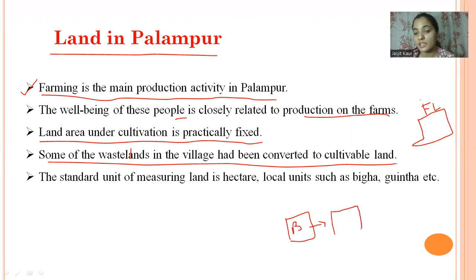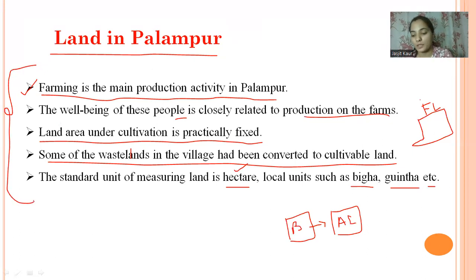Just like this, in village Palampur also, the wasteland has been converted into agriculture land. And the standard unit of measuring land is hectare, and the local units of measuring land are bigha, guntha, etc. So you have to remember that the standard unit of measuring land is hectare. This is how the land is being used in the village Palampur.